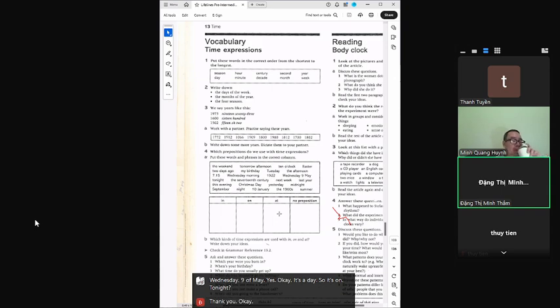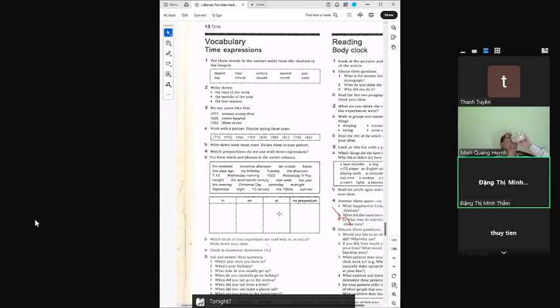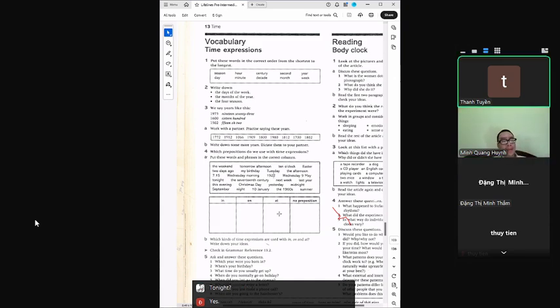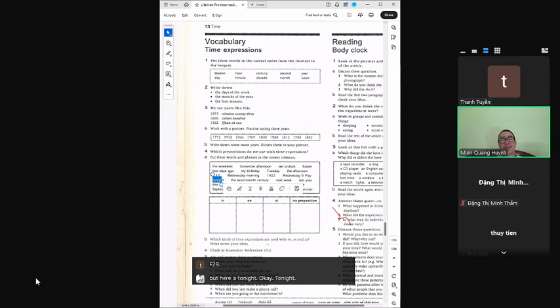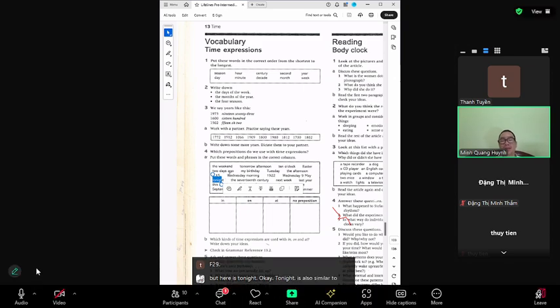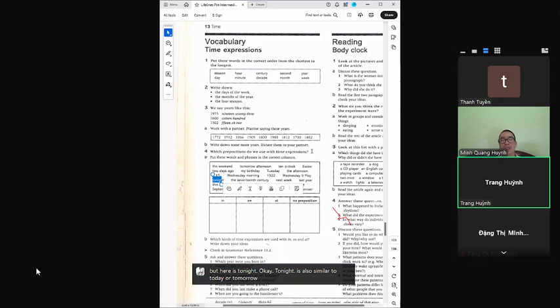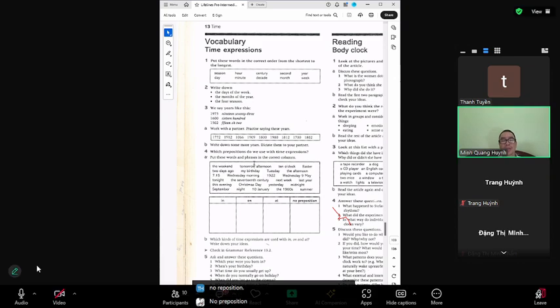At tonight? But tonight is also similar to today or tomorrow. No preposition. Okay, no preposition.